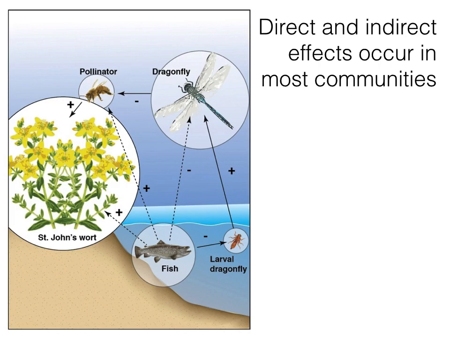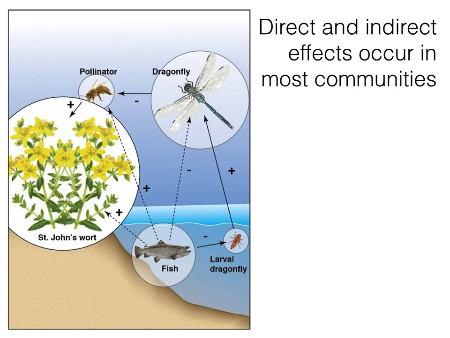Knight and her colleagues investigated the effects of fish in ponds and the effect of those fish on pollinators of plants and, as a consequence, the production of seeds by those plants. So this was really a complex trophic study looking at how one trophic level can influence another both directly and indirectly through a variety of different kinds of interactions.